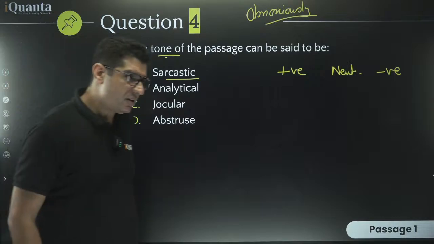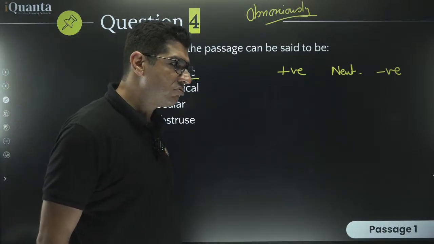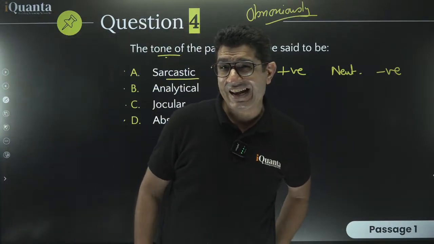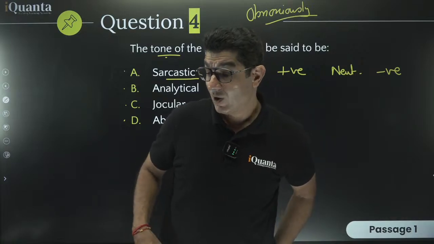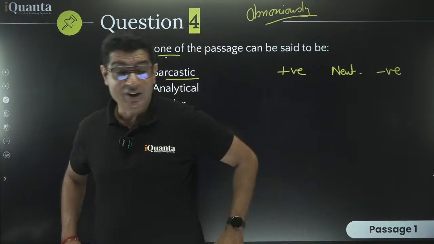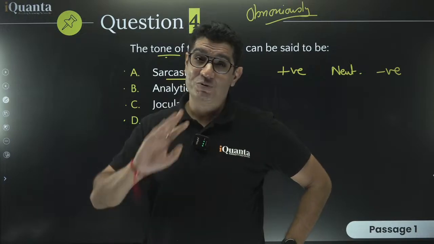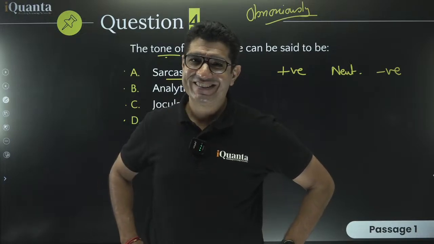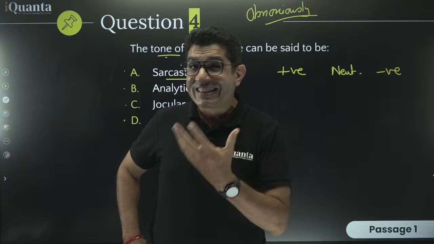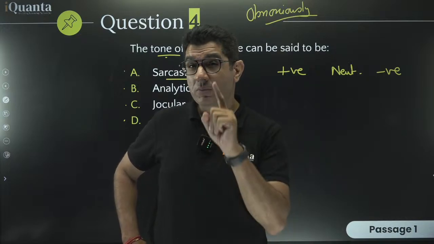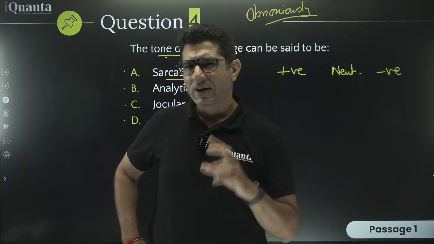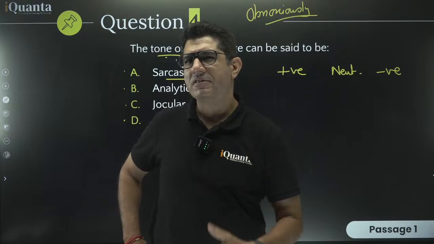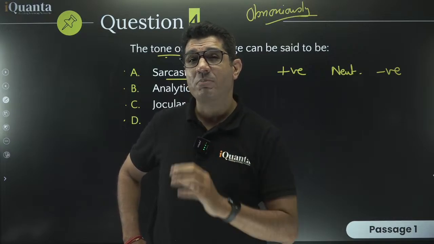For example, let us say that you come to a session of mine late, and then I look at you and I'm like, wow, you're really good at arriving late. Such a useful skill it is, no? So that's sarcasm. Do I want you to come late? Do I really feel that it is a superpower, that it is useful? But I'm stating the opposite.